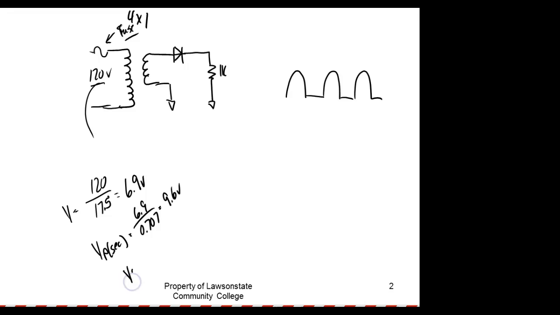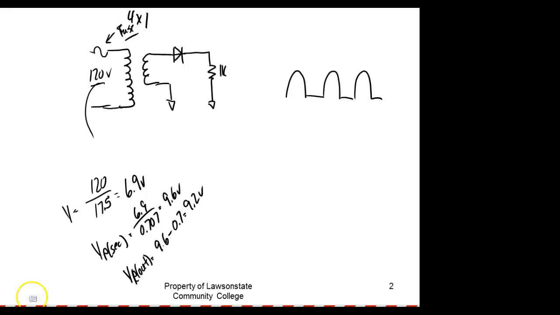Then we calculate what we call V peak out, which is out of the diode. This is going to be 9.6 minus the forward voltage drop of the diode, which should give us around 9.2 volts, right?